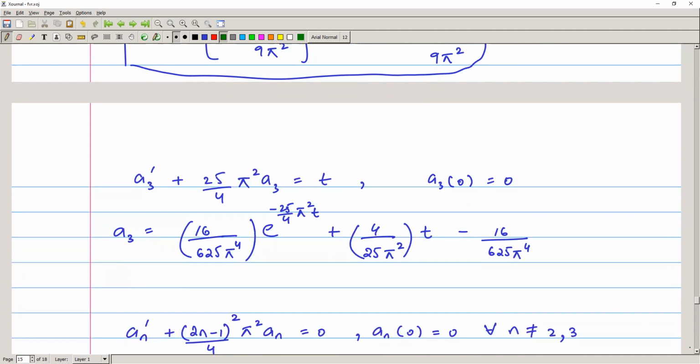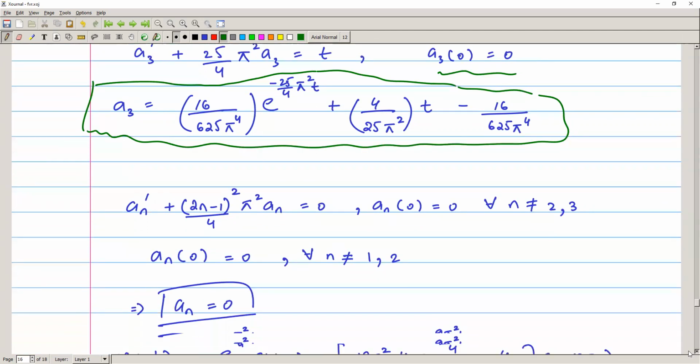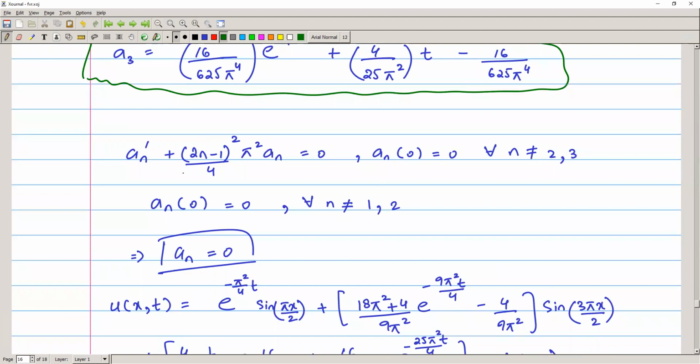And for a3 prime plus 25 over 4 pi squared a3 is equal to t, and the condition is a3 of 0 equals 0. Therefore, we'll get the final result here by solving that differential equation. Then for general an, we know that an prime plus (2n minus 1) squared over 4 pi squared an is equal to 0, and the condition is also equal to 0.